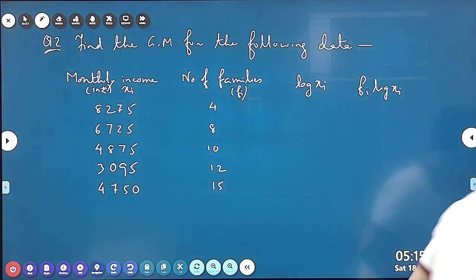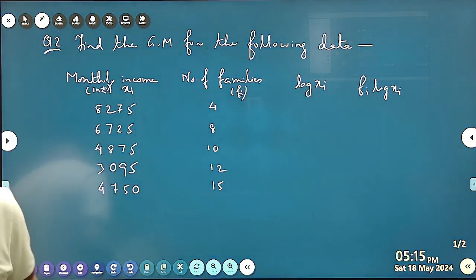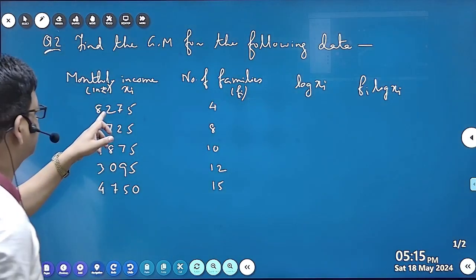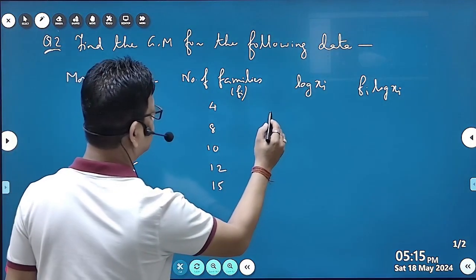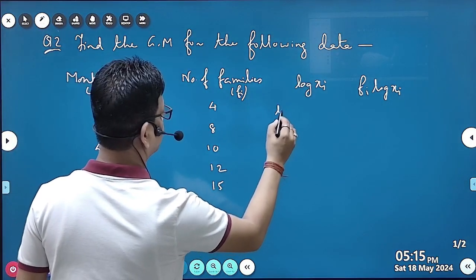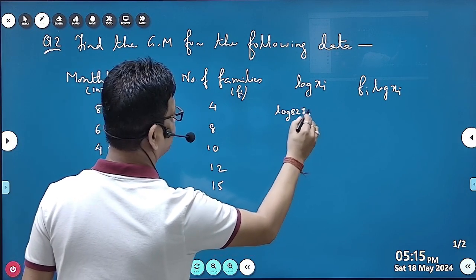Okay, so let us try log of all these xi's. Log of xi means the first one will be log of 8275. Let me write here log of 8275 we are going to find out.